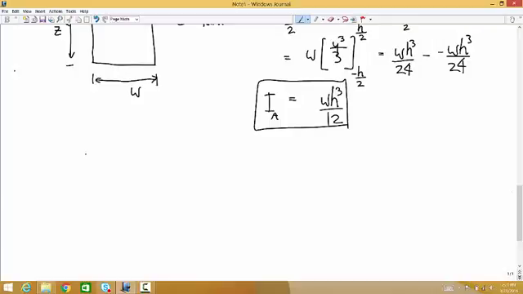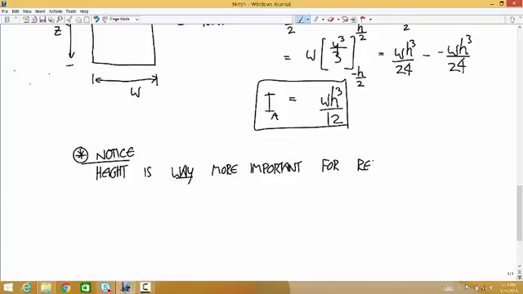Okay, so one thing to notice about this is what's more important for preventing this shape, this beam, from bending, the width or the height? Yeah, the height is way more important for resisting bending than the width.